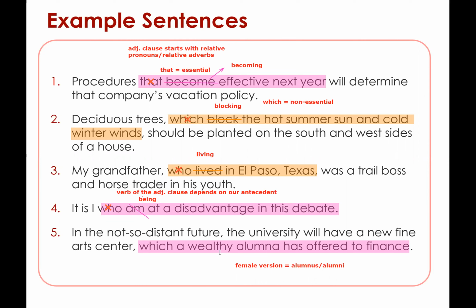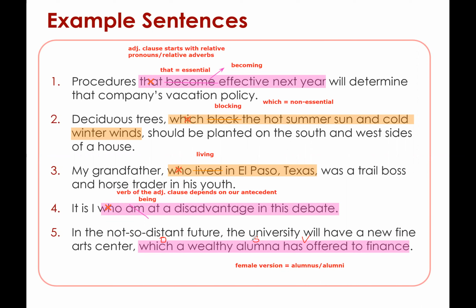But either way, when we take a look here, what is so special about this sentence? Well, actually, the which here is no longer the subject. So it's actually a wealthy alumna has offered to finance the art center. So this is our object.